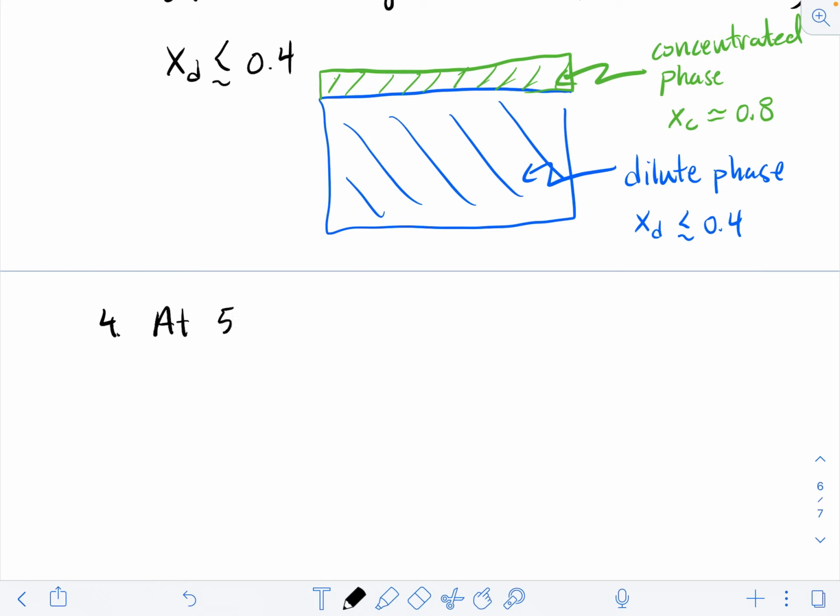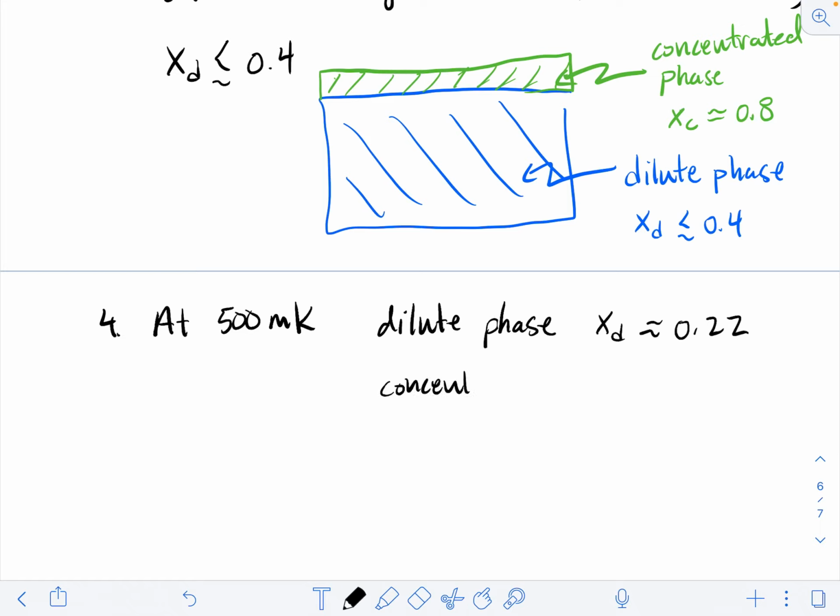Okay, so at 500 millikelvin, the dilute phase has a concentration of about 22%, and the concentrated phase is around 90%.